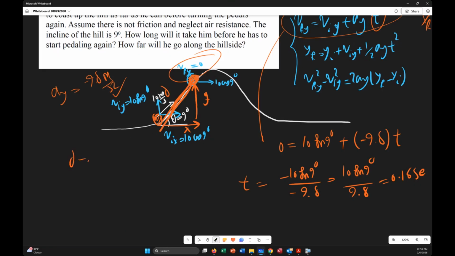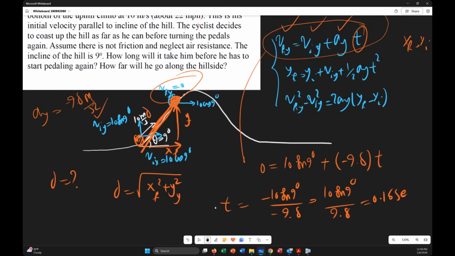It's telling us, what is the d? D is going to be the square root of x squared plus y squared. What is the x? This x is x final. What is the y? Y is y final. And we have the y final formula here, y final and x final.